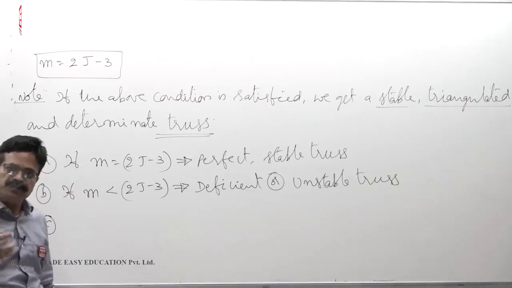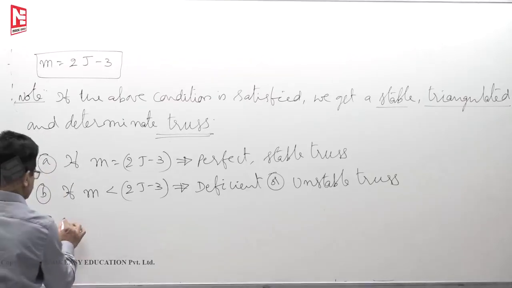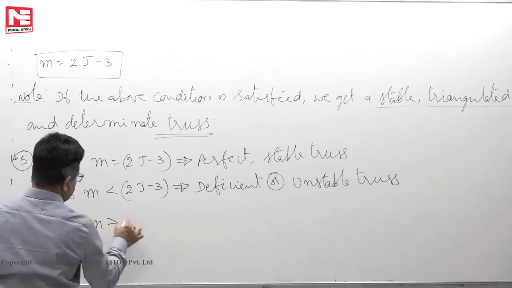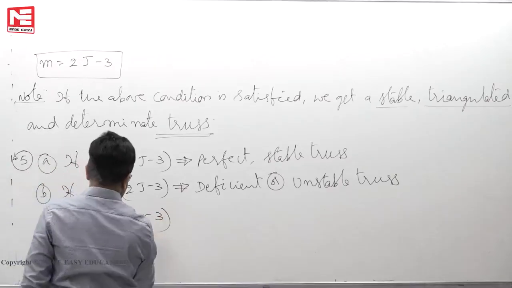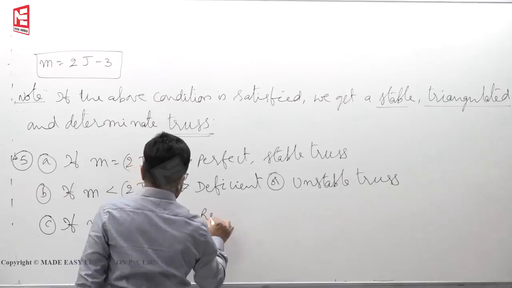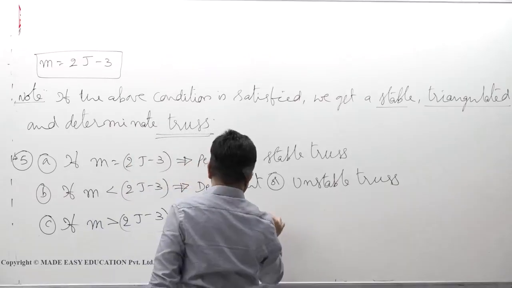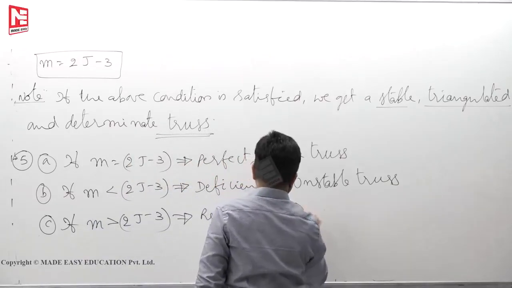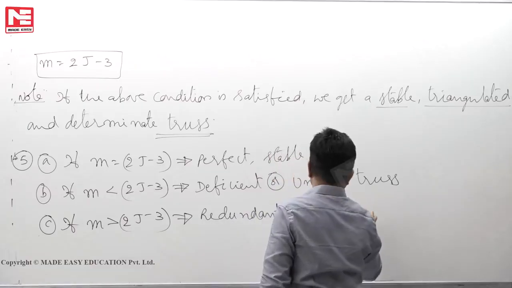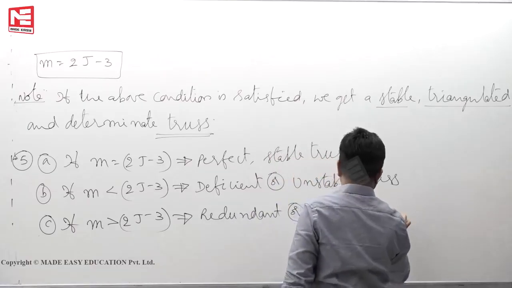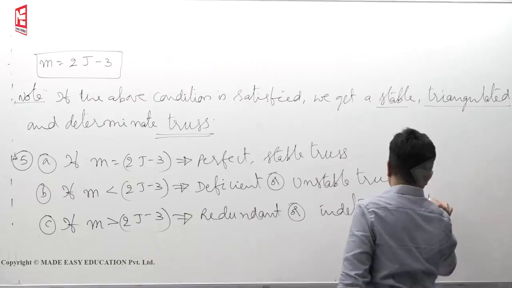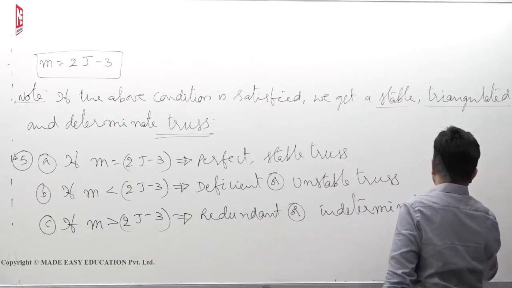If you provide more members than 2J minus 3, that means the number of members is greater than 2J minus 3, we call it a redundant or indeterminate truss.